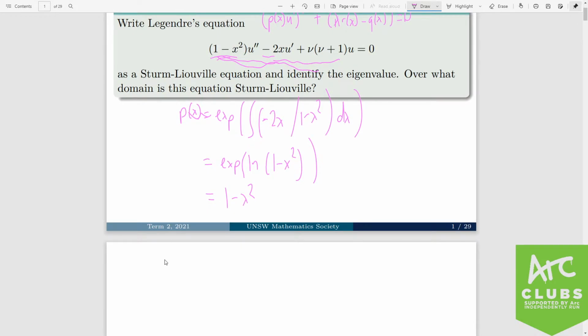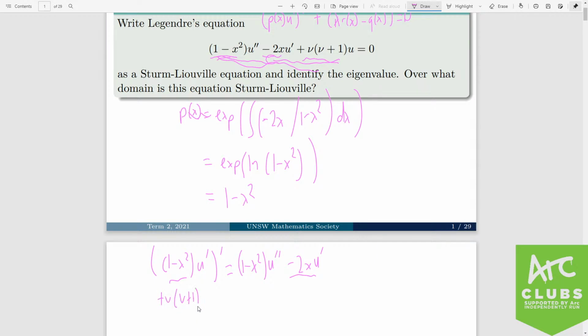And then we try to differentiate. So we take this term, and this gives us our u double prime using the product rule. And then when we differentiate this, we get minus 2x u dash, and this just happens to be our second term here, so then we just need to add the final term for it to be equal.